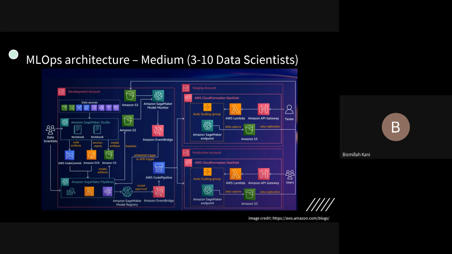Hi Bismillah, this is Sarang. If you see, here the data scientist, once they write the code, their part is done. The rest of the environment setup can be done by the AWS DevOps person, who knows all these components, like API Gateway, Lambda, everything. Whenever there is performance degradation or data drift, they can set up a trigger that goes to the data scientist, who can then update the code.